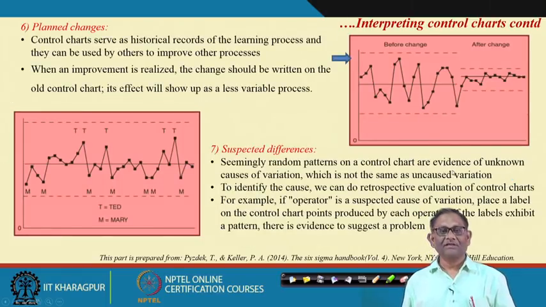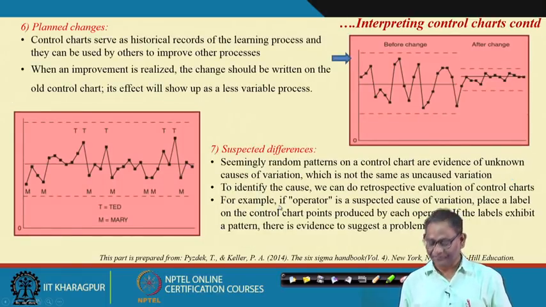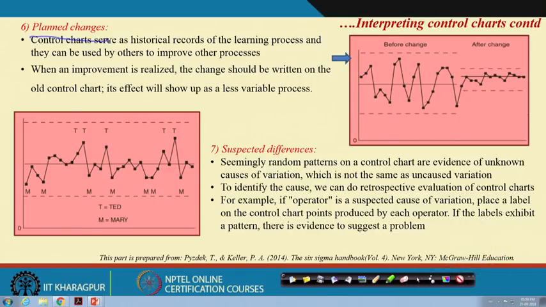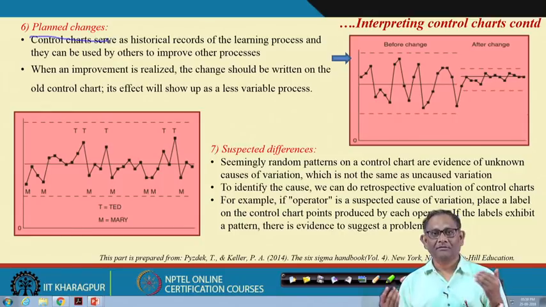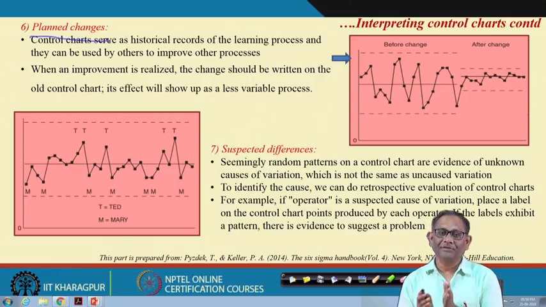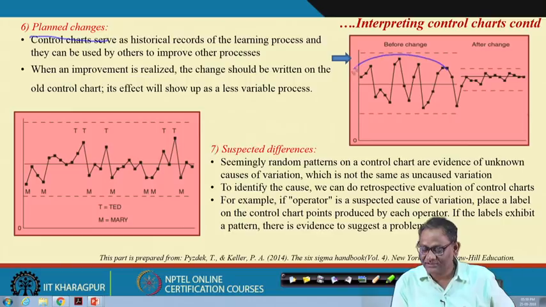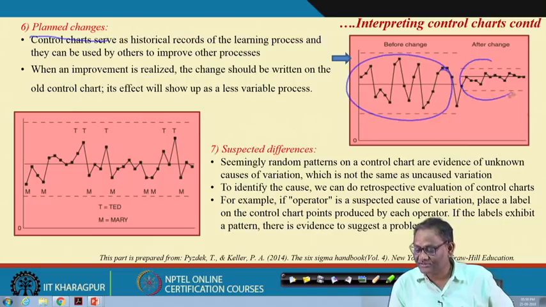Control chart will basically really help you. Okay. So, apart from what we have discussed, there can be situations where you have changed your plant or the procedure, something you have changed for the cause of improvement, but it is also to be recorded in the control chart. So, before change this is the chart and after change this is the chart.